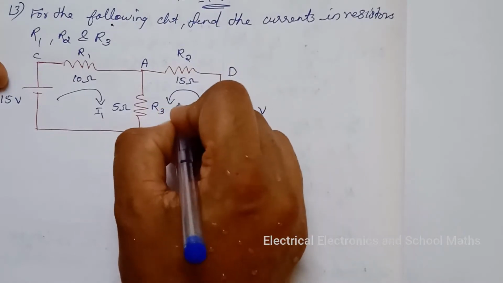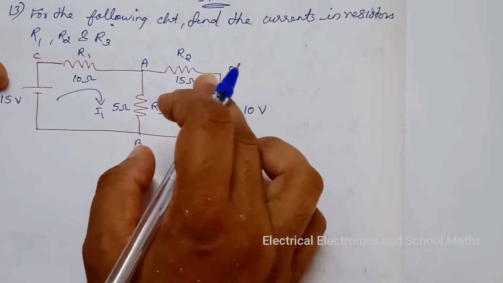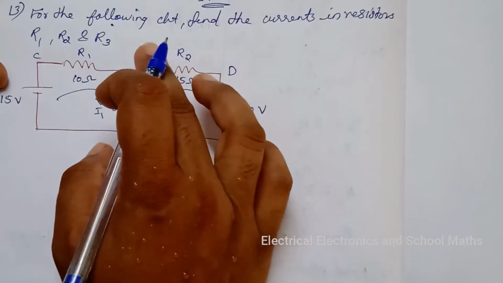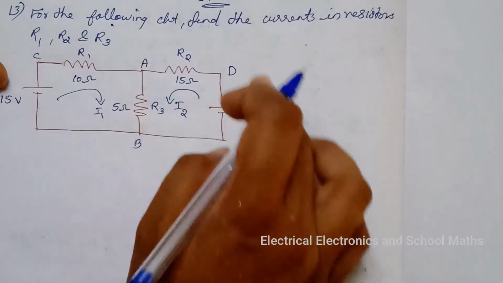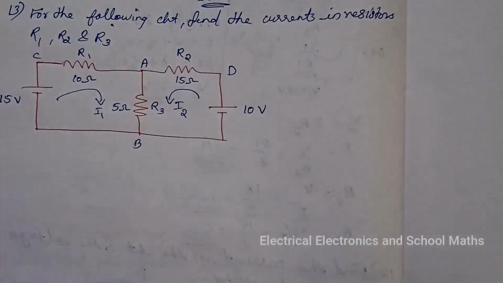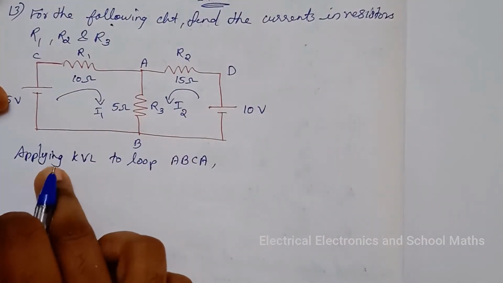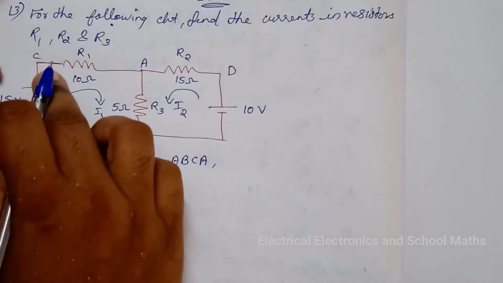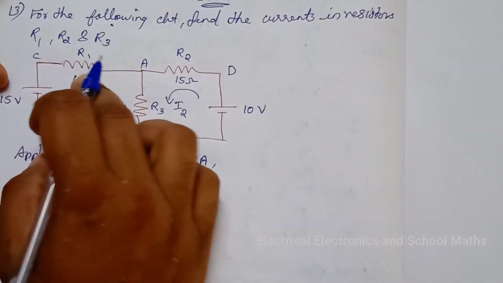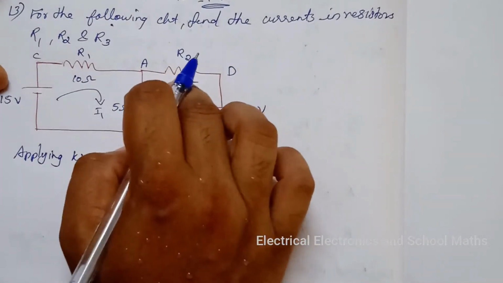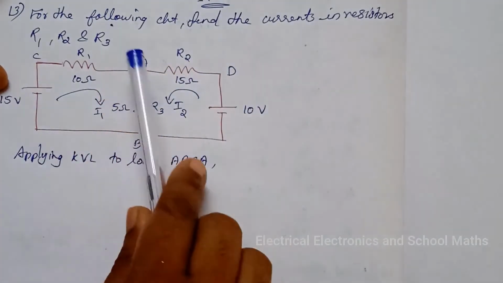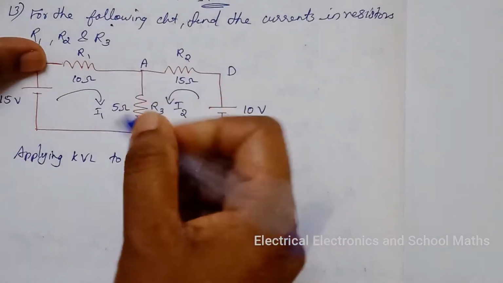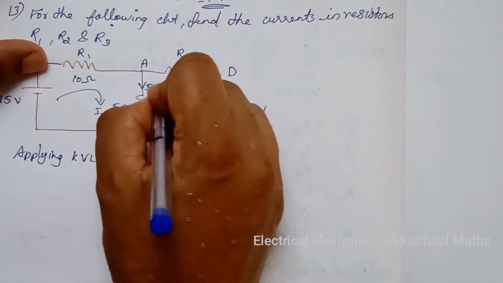So assume anti-clockwise direction I2 in the loop A, D, B, A, or assume the loop like A, B, D, A. Now applying KVL to loop A, B, C, A. Here I1 flows through the resistor R1 and here I2 flows through the resistor R2, and through R3 the sum of these two currents is flowing, that is, through R3 the current flowing is I1 plus I2.